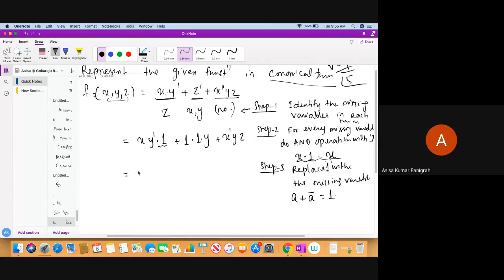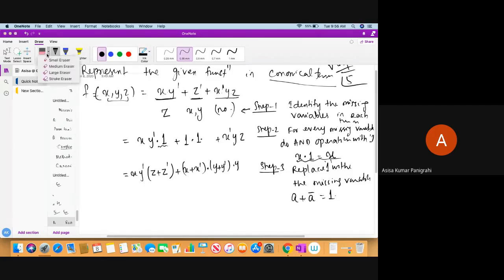So you put that over there. For x y bar, what is missing here? Z. Make it in this form: z or z bar. Do you all understand, students? Here 1 becomes x or x bar, and here y or y bar. Sorry, this is z.